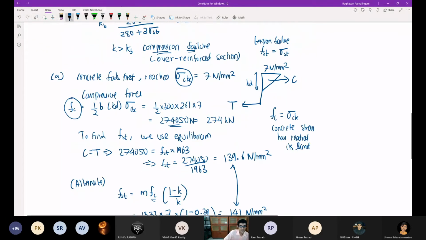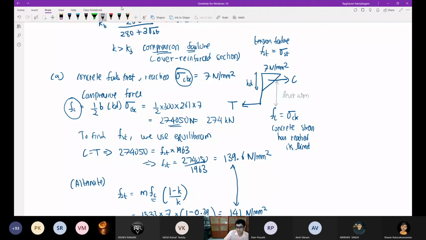This is compression, this is tension, so you have a lever arm. A pair of forces times the lever arm will give you a moment couple, which in this case is a moment for the beam. So this is the lever arm.